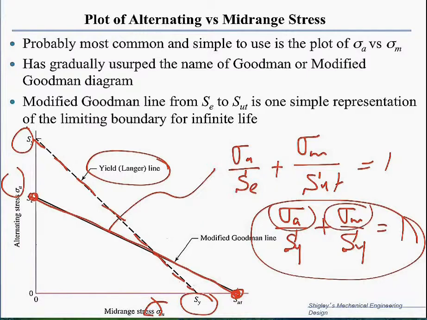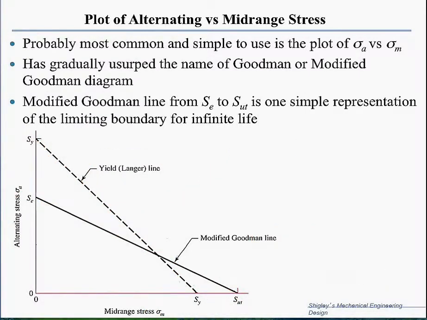So under all conditions, we have to be below the Langer line here when we combine the alternating and the mean. So if you look here, you see that there is a region of danger right here. I'm sorry, let's backtrack here.